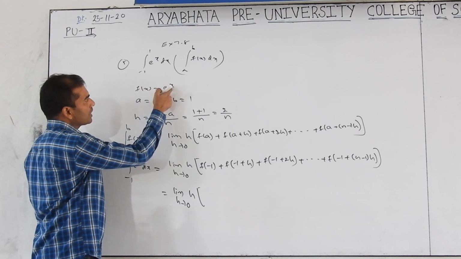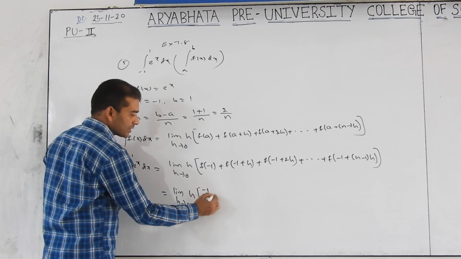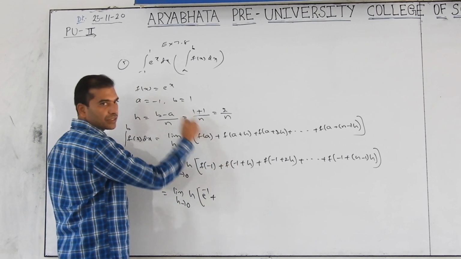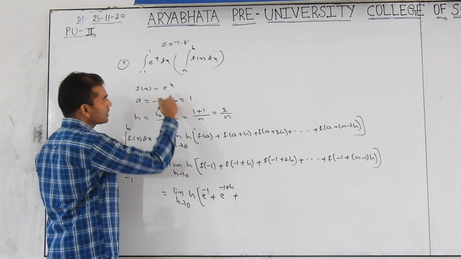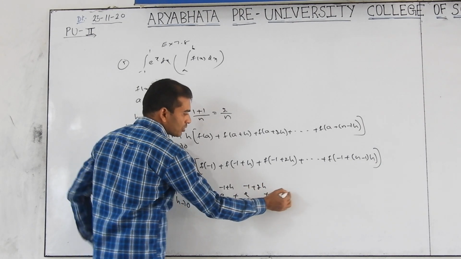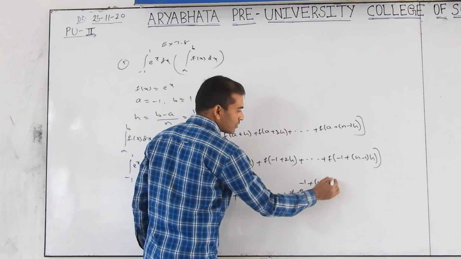Put x is equal to minus 1: e power minus 1 plus e power minus 1 plus h, x replaced by minus 1 plus h, next e power minus 1 plus 2h, plus so on, e power minus 1 plus n minus 1 h.